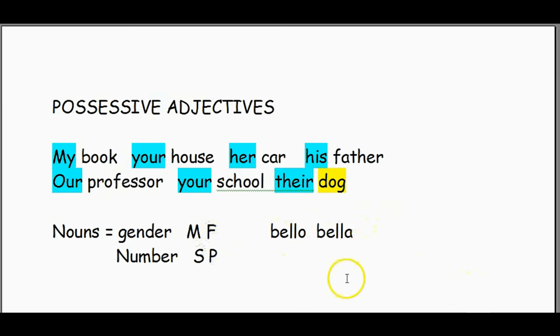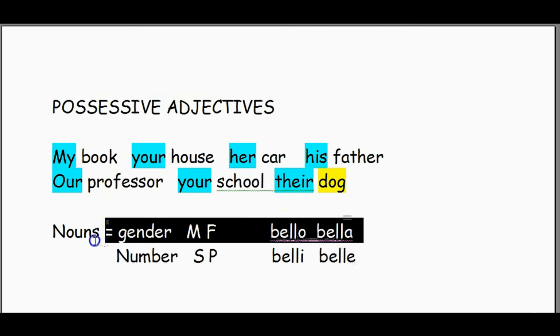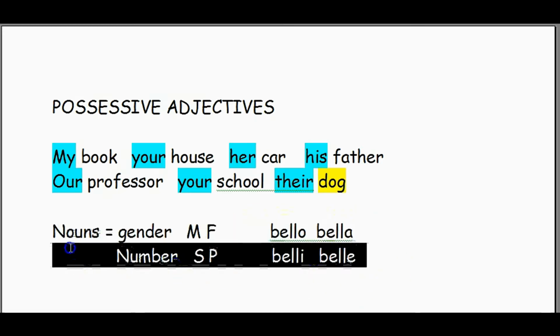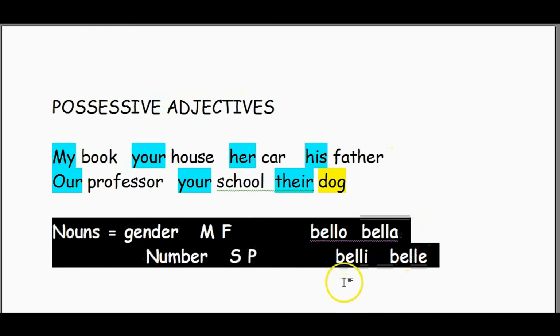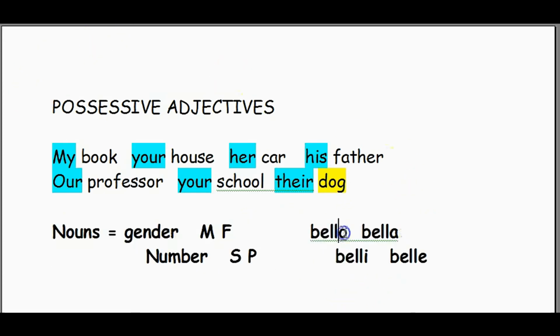If we go to the plural, bello in the plural is belli, and feminine plural, belle. Okay, so now we have established, just a reminder, that adjectives can have four forms depending on the word they're associated with. Possessivi in italiano.